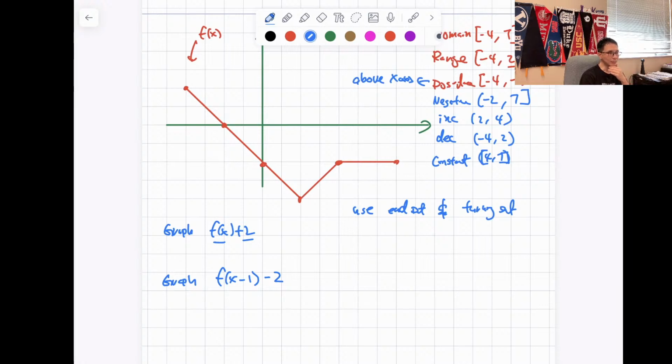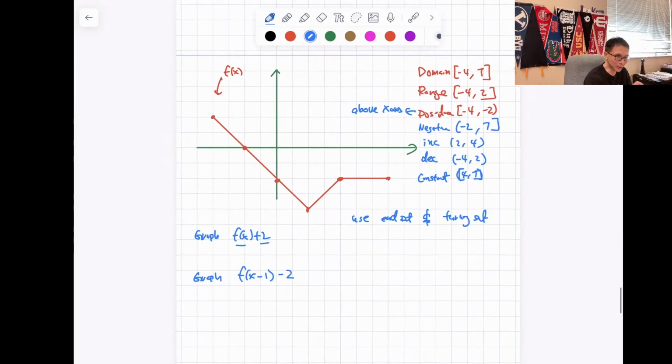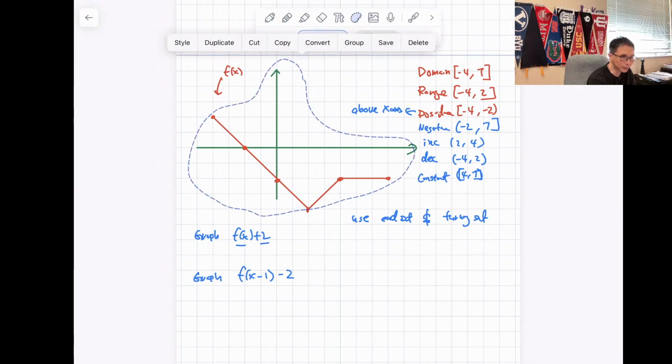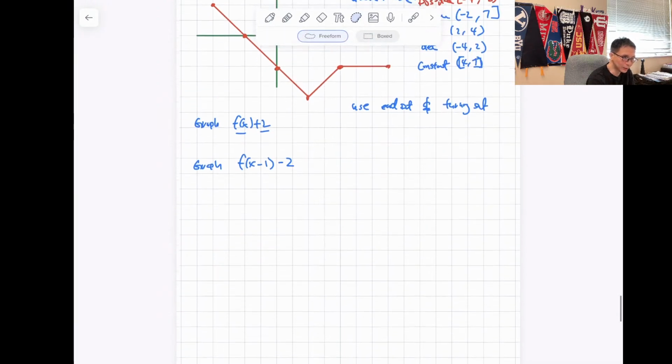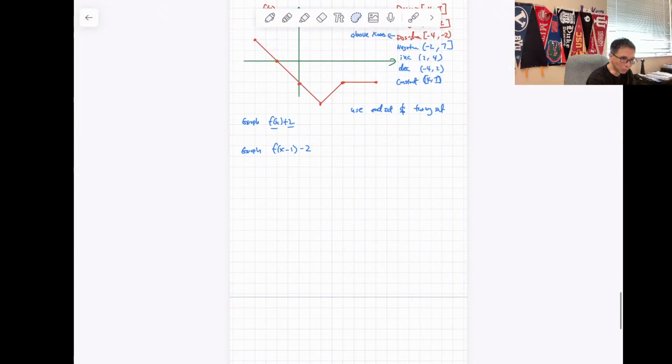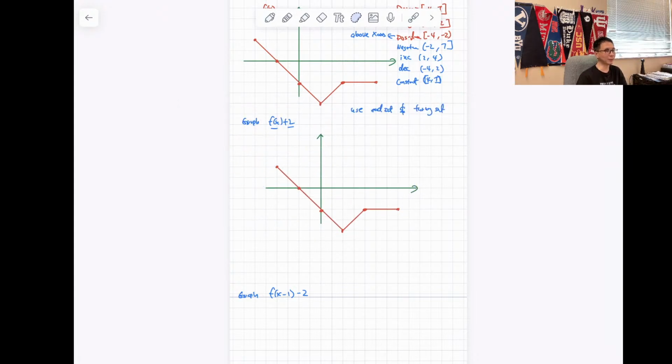You know what? Let's copy this. Paste. So how do I graph f of x plus 2?